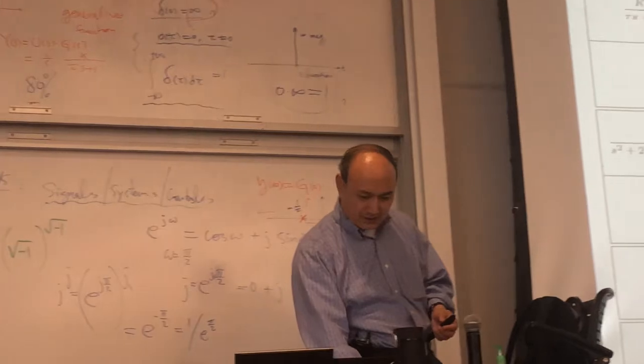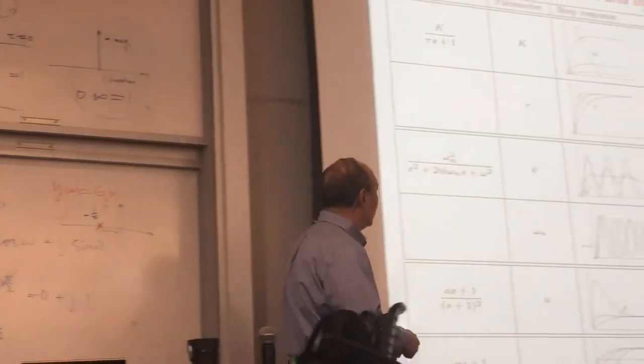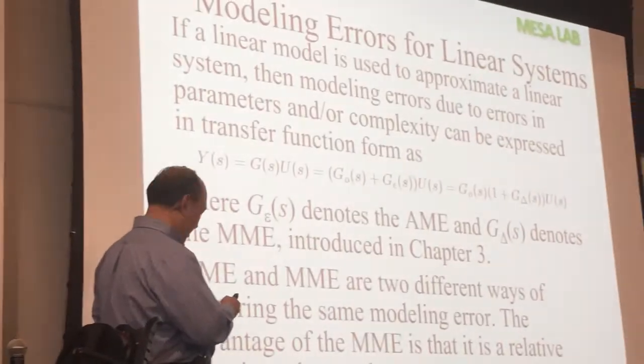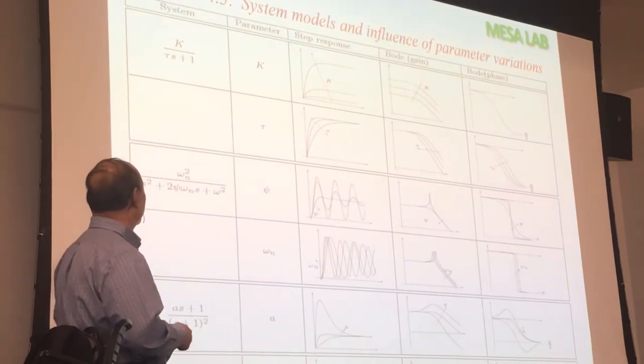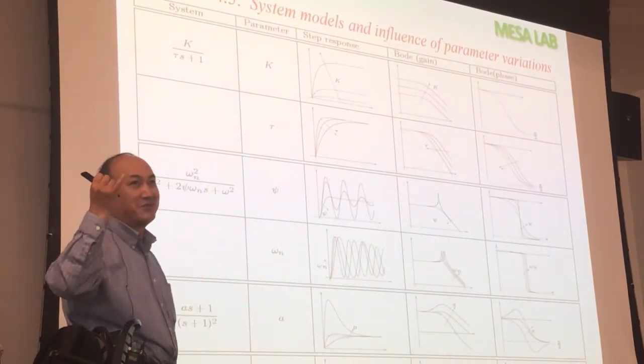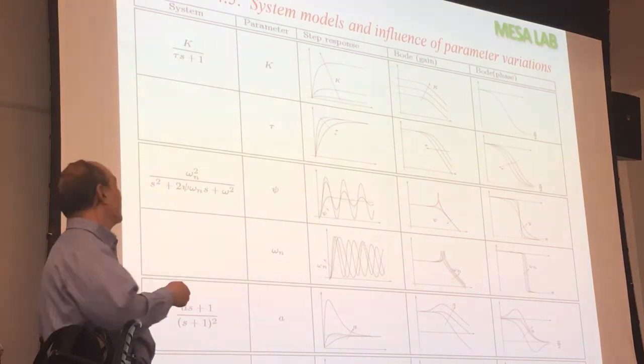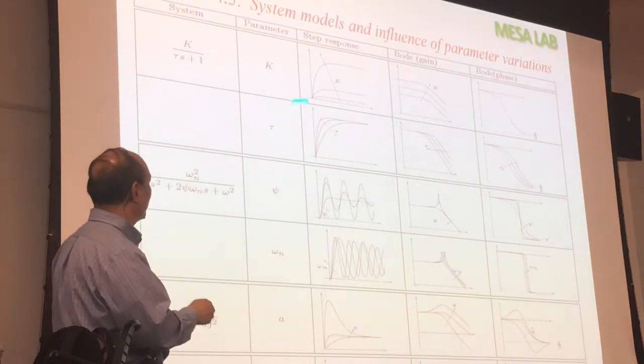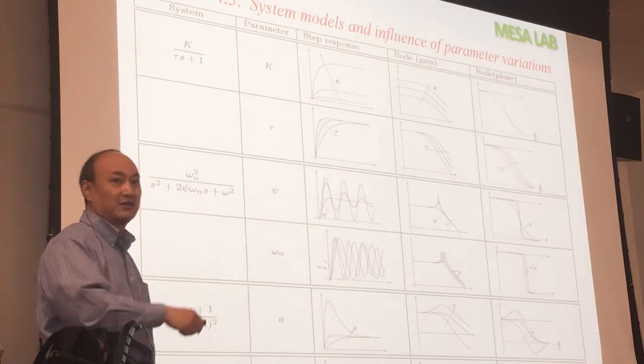Okay, so let's continue. So this is the canonic first order system. You have two parameters, gain and the time constant. If they change, it will behave like this.